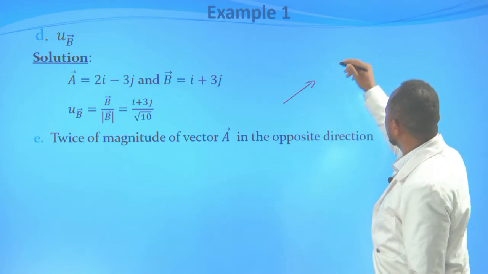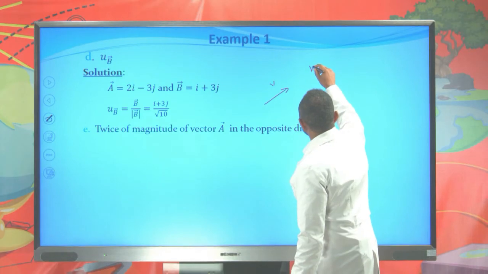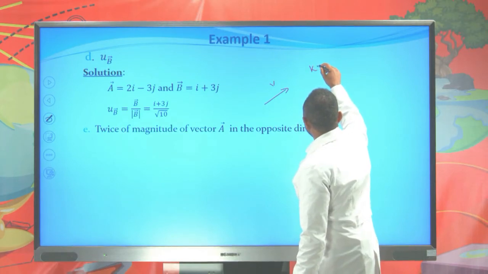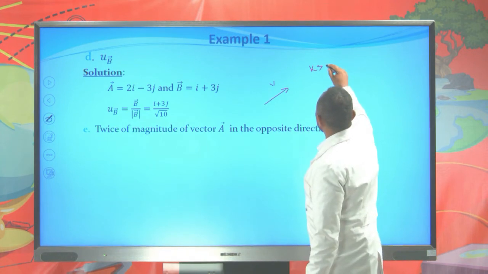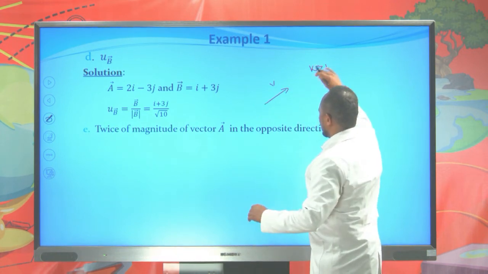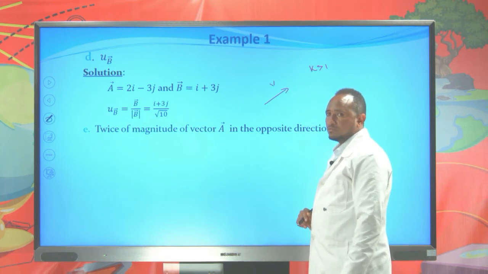If you multiply vector v by a constant greater than 1, the vector will be enlarged in the same direction.